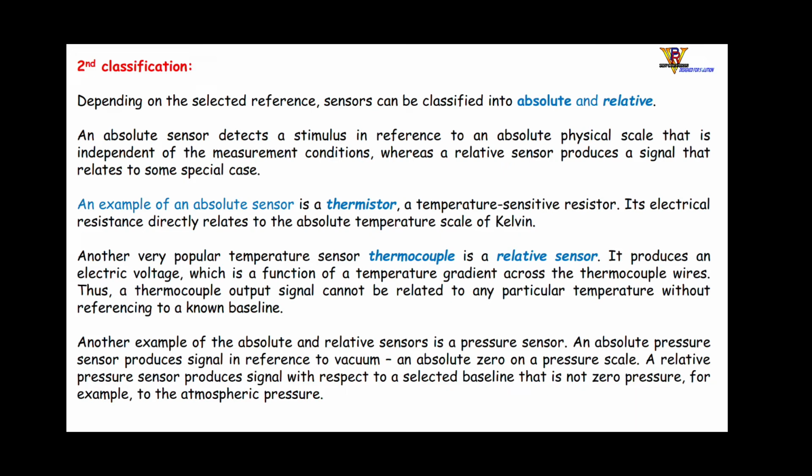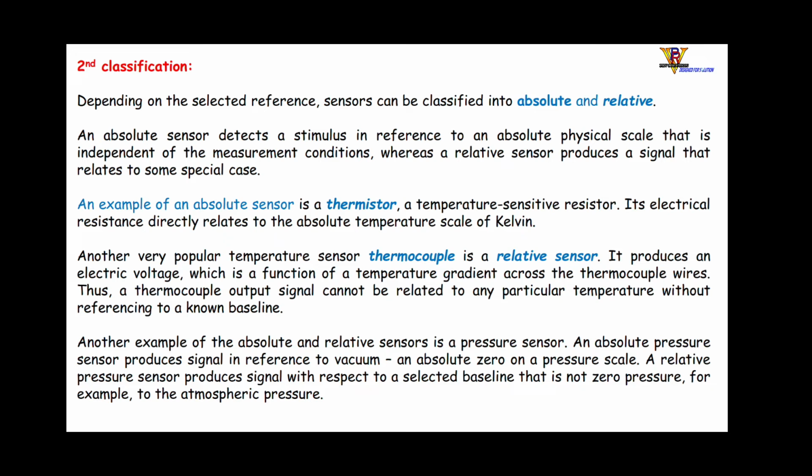We can clear it through examples. An example of an absolute sensor is a thermistor, a temperature sensitive resistor. Its electrical resistance directly relates to the absolute temperature scale of Kelvin.